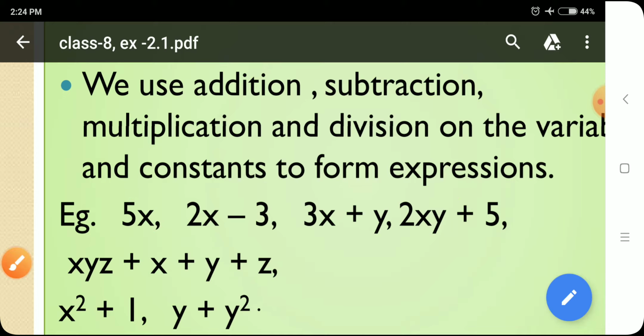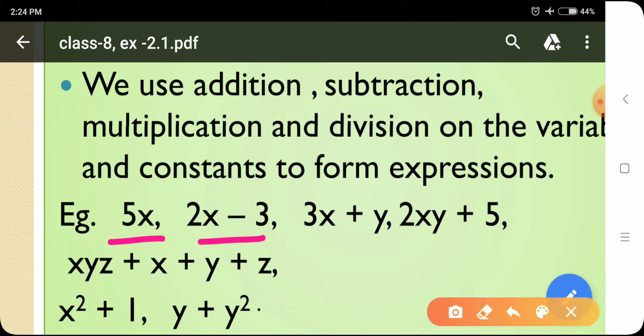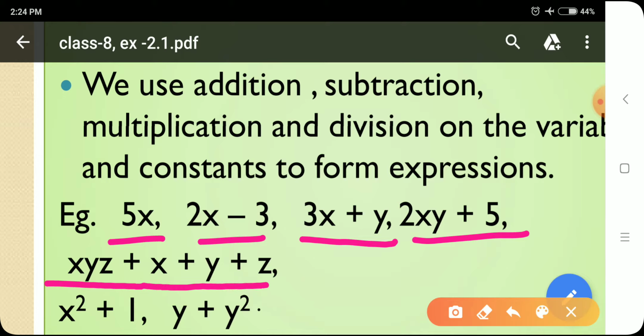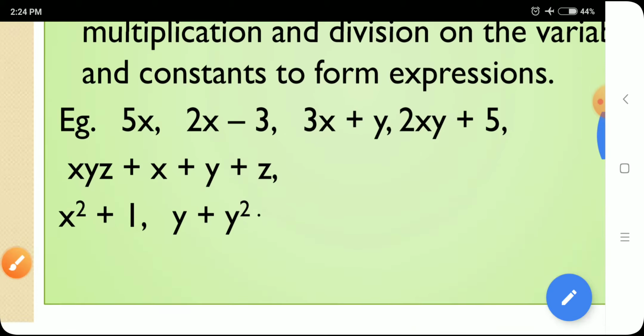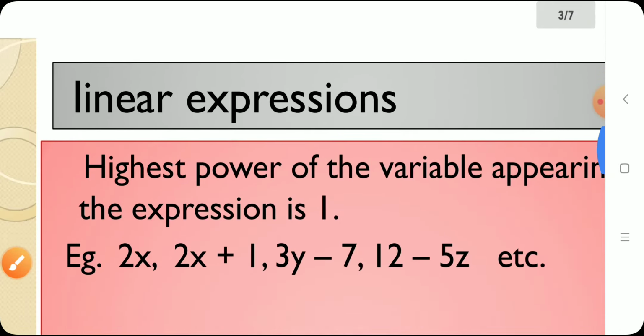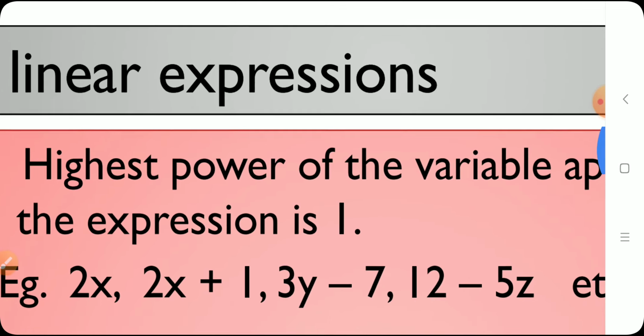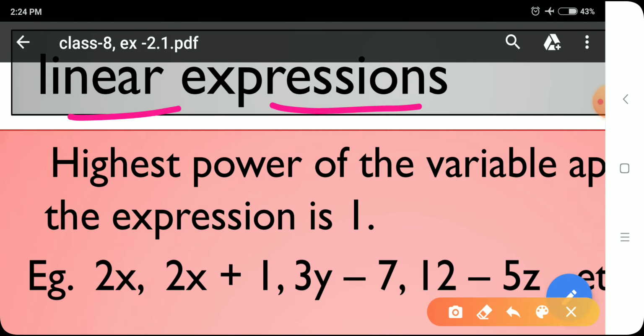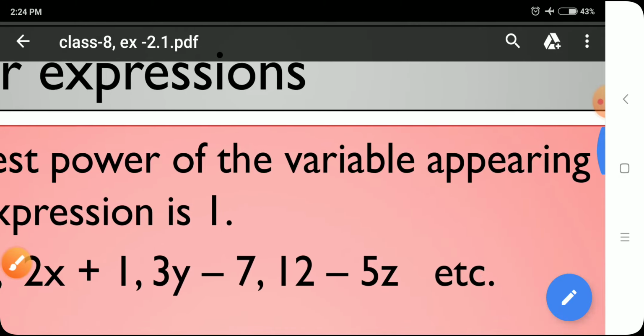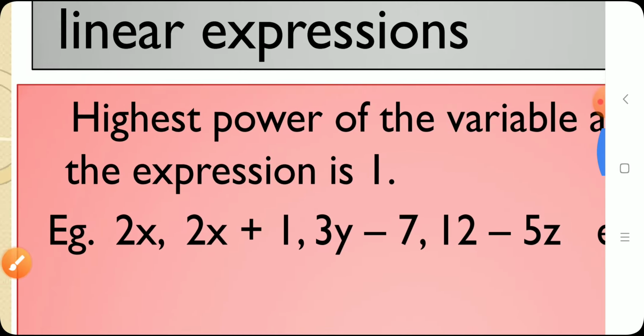These are examples: 5x, 2x minus 3, 3x plus y, 2xy plus 5, xyz plus x plus y plus z, x square plus 1, y plus y square. All are algebraic expressions. The next term is linear expression. In a linear expression, the highest power of the variable appearing in the expression is 1.